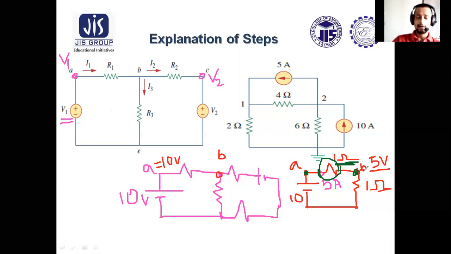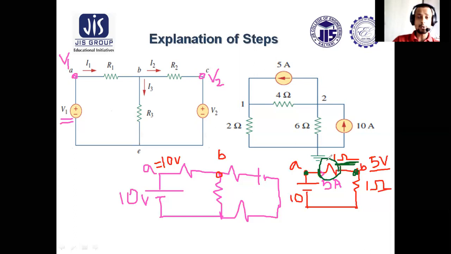So whenever the potential of B point is to be measured, what do we need to know? We need to know the current flowing through this 1 ohm. Until and unless we know the current flowing through this 1 ohm, we don't know the voltage drop in 1 ohm.